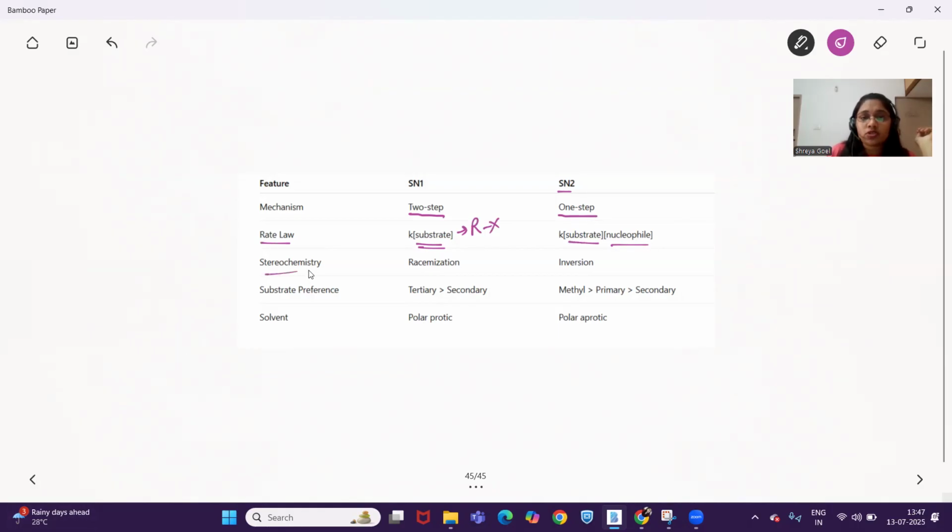Coming to the stereochemistry, I have told you in SN1, racemization takes place because the carbocation is planar and nucleophile can attack from both sides. And in SN2, inversion happens because of the backside attack of the nucleophile. Now, substrate preference: in SN1, tertiary is preferred because tertiary carbocation is more stable, and 1 degree will not show SN1.